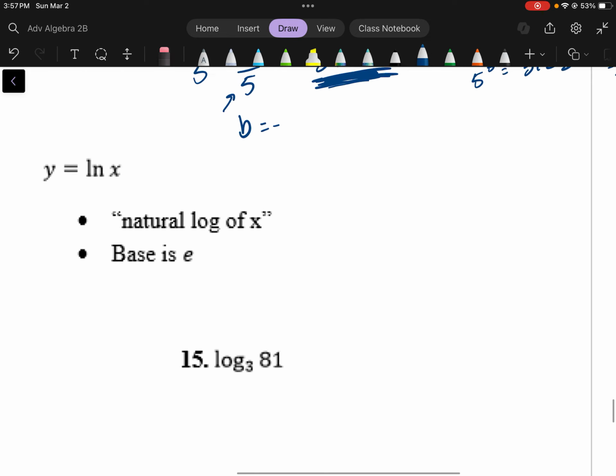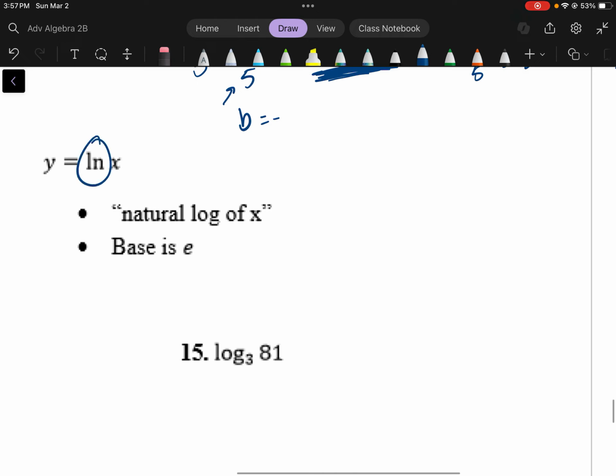For the other special case, it's really specific to ln. Okay? ln is the natural log of x. Okay? And it has a base value of e. You should never ever write it this way, but this is the same thing as log base e of x. Okay?